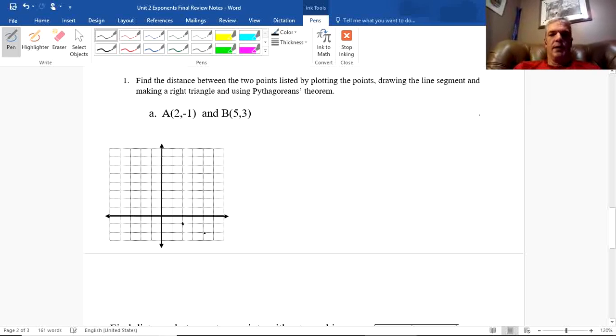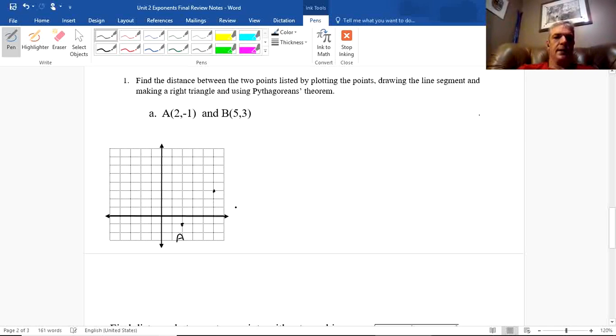And there's an assumption that you know how to plot and understand the Cartesian plane, okay? But we did do a little bit of review on that. So I labeled that, and then I'm going to label the next point, which is 5, 1, 2, 3, 4, 5, and up 3, 1, 2, 3.